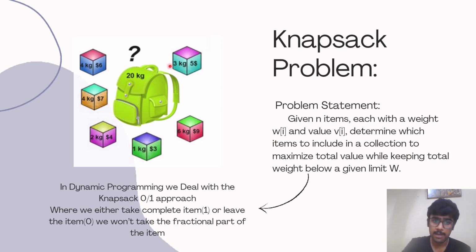Suppose if I take a 3 kg block, I take the complete 3 kgs and place it into the bag, or I won't take it and I'll keep the bag like that only. But in fractional, if there is a 3 kg block, I can take a fraction of it. That is, I can take 2 kgs among the 3 kg block and place it in the bag. This is the difference between the 0-1 knapsack and the fractional knapsack.